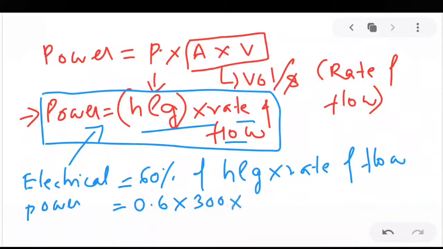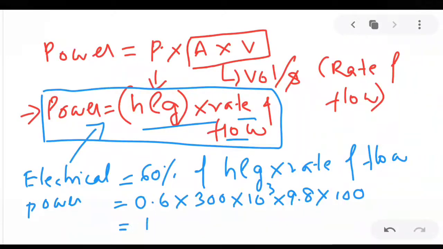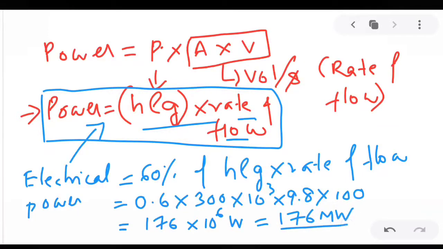Density of water is 10 power 3. G in the question is given to be 9.8, and rate of flow is 100 meter cube per second. If you simplify this, you will get 176 into 10 power 6 watt. So that is equal to 176 megawatt. So this will be the electrical power output of the hydroelectric power plant.